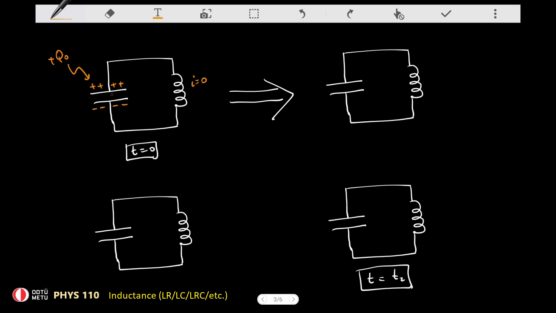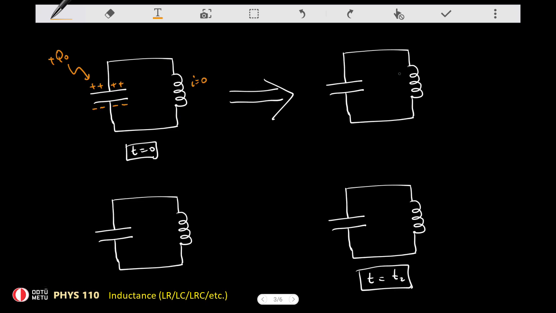The plates of the capacitor are connected with a wire, and that wire happens to contain an inductor. So there will be a discharge. The function of the inductor here is that it prevents sudden changes of the current. So we know that current is going to rise, but it's going to rise slowly.